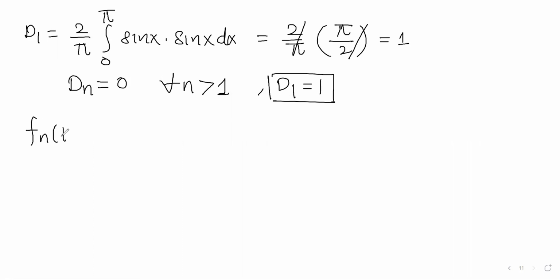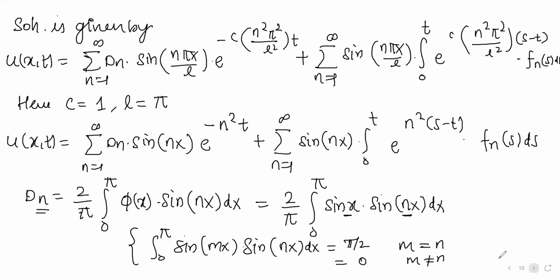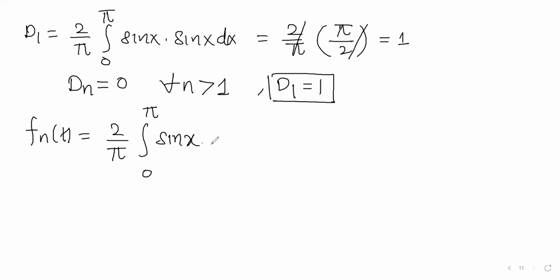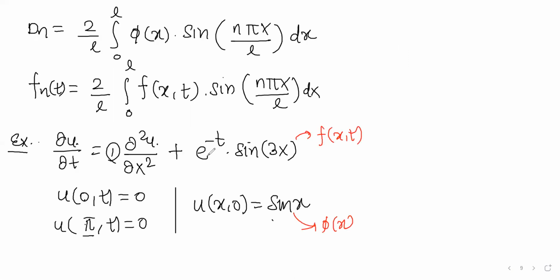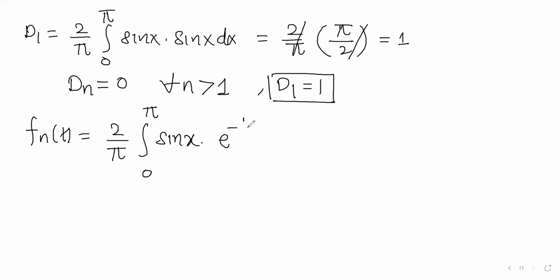So fn of t will be again 2 by pi integral 0 to pi. What do I have is phi of x. No, it's f of x, t, right? So sine of x into e power minus, what do I have in the homogeneous part? It's e power minus t and sine 3x, dx.